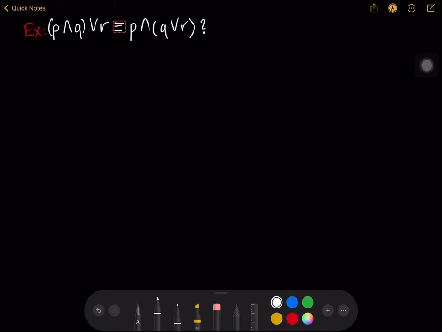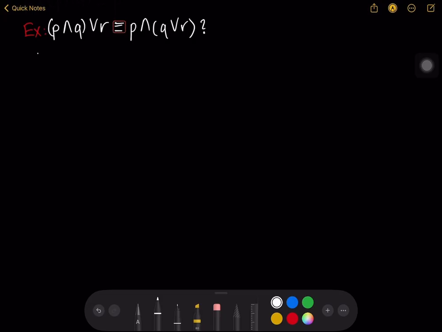Okay, next example we have parenthesis P and Q, or R. Is that logically equivalent to P and parenthesis Q or R? Okay? Let's construct a truth table for this.